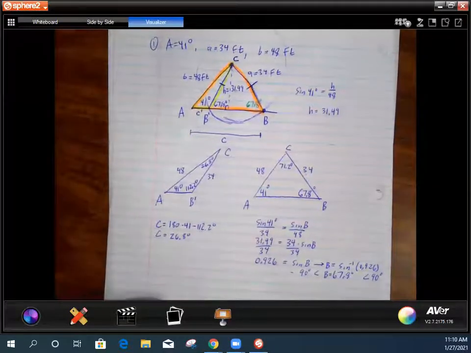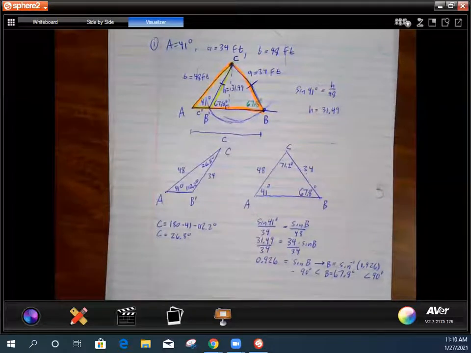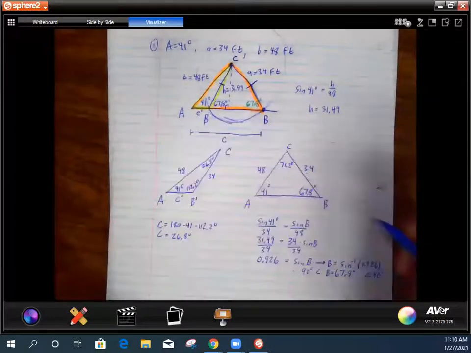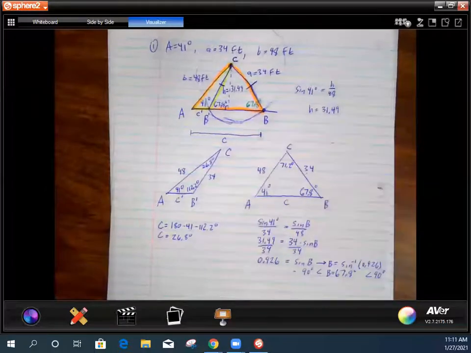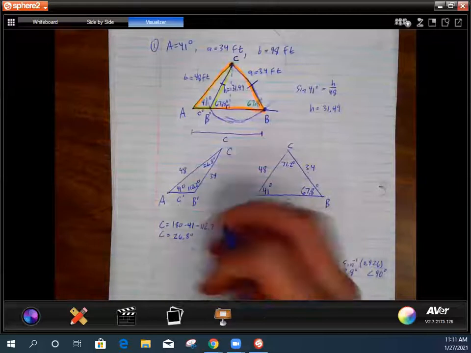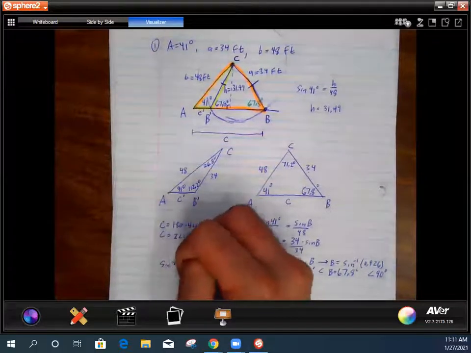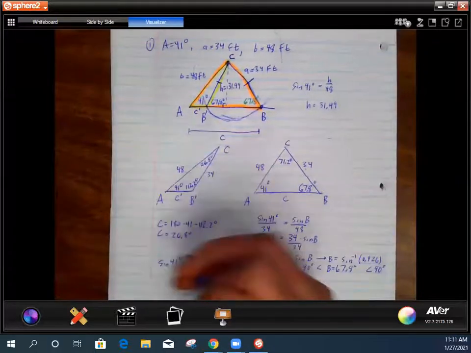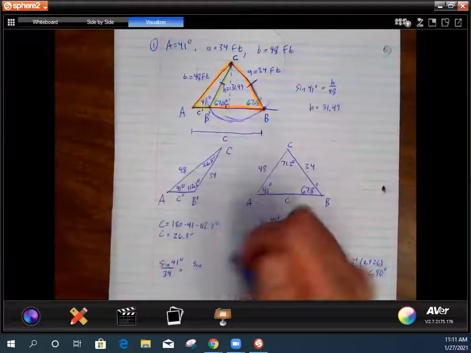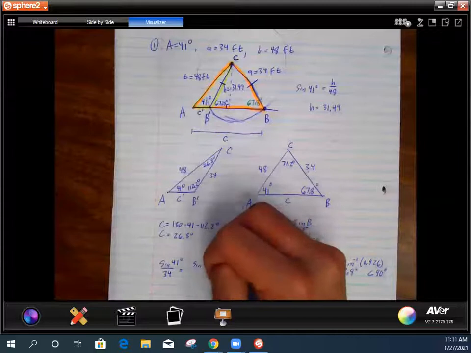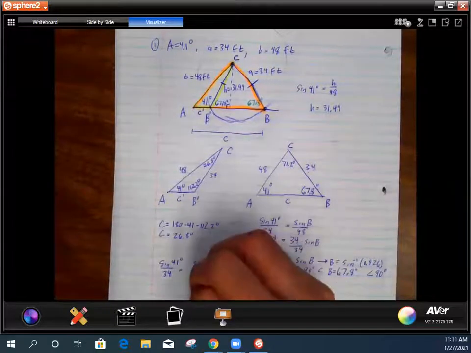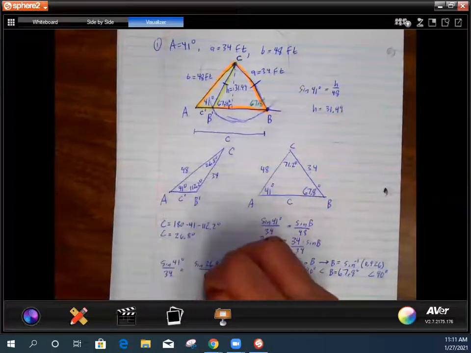And then we can finish solving here. So this would be side C. We'll call it C prime because this we can also call side C. So to find C prime here, we could do the sine of 41 over 34 is equal to the sine of the angle that's across from the side we're trying to find, angle C, 26.8 degrees, over C prime, this side.